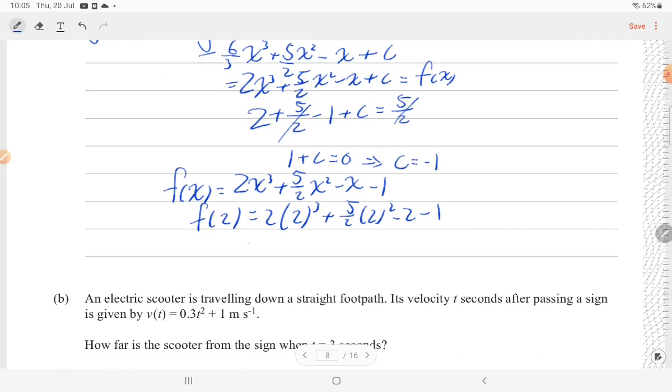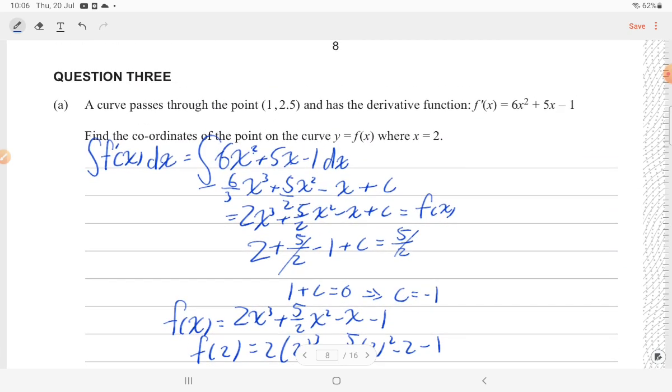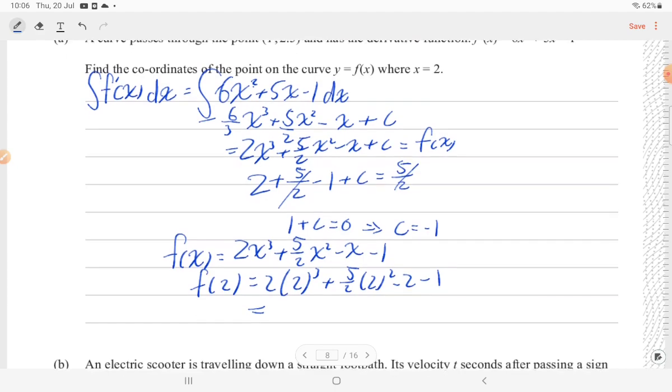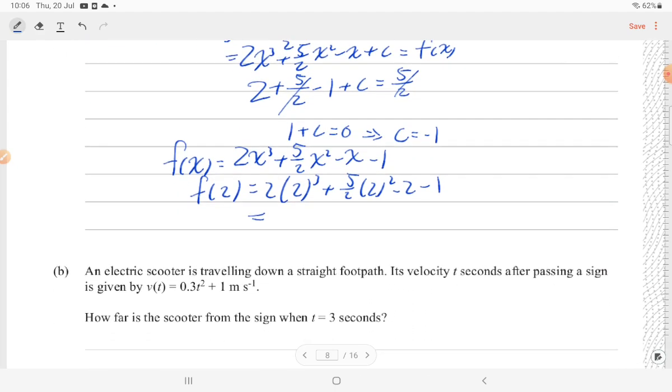This is equal to, sorry, I'm just plugging this into my calculator. This is equal to 23.